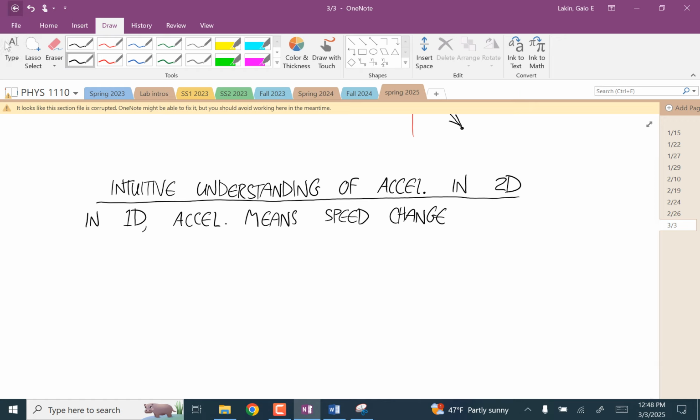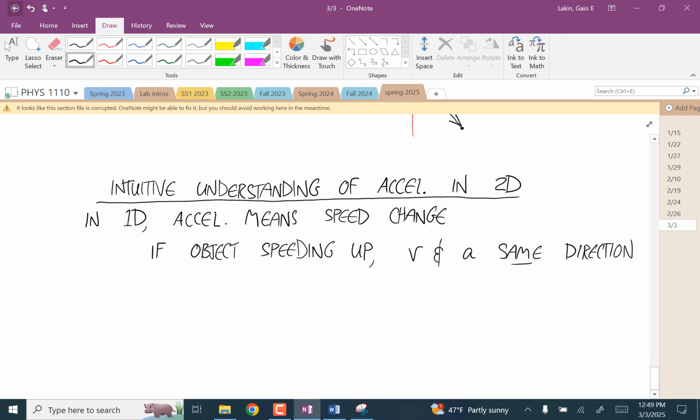And so if an object is speeding up, then the velocity and acceleration are in the same direction. And if an object is slowing down, then the velocity and acceleration are in opposite directions.